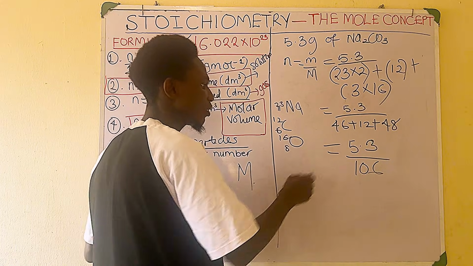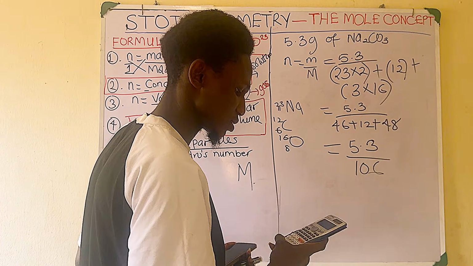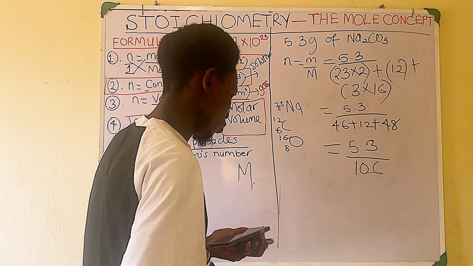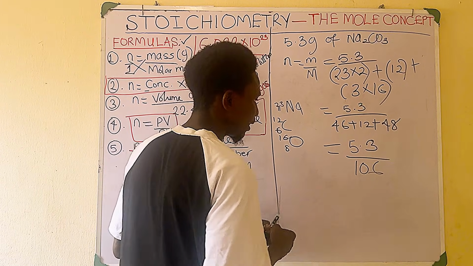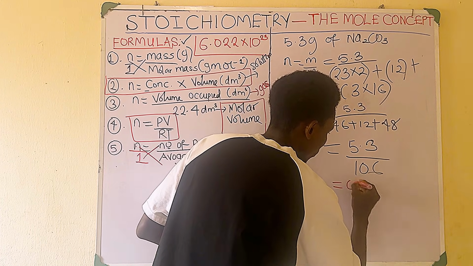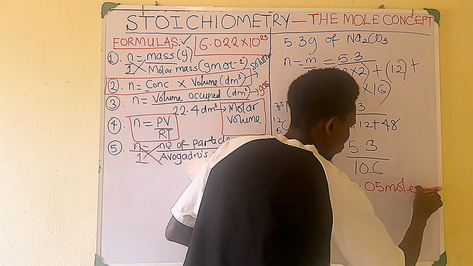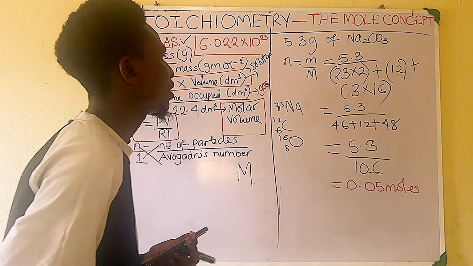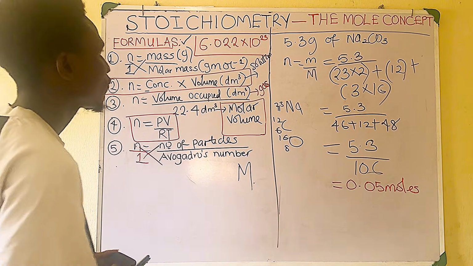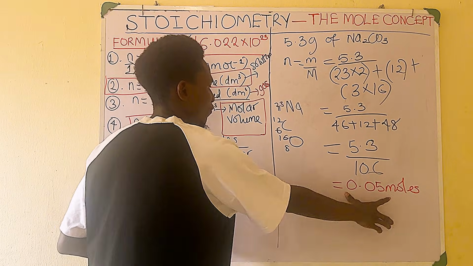So 5.3 divided by 106 is going to give me 0.05. So our answer here is 0.05 mole. So for the first question now, I've gotten the number of moles for 5.3 gram of Na2CO3 to be equal to 0.05 moles.